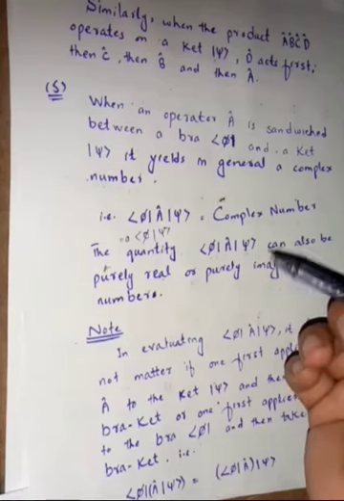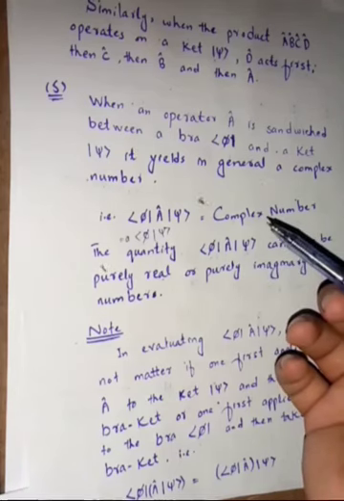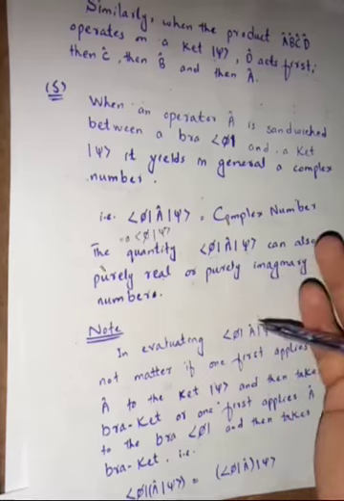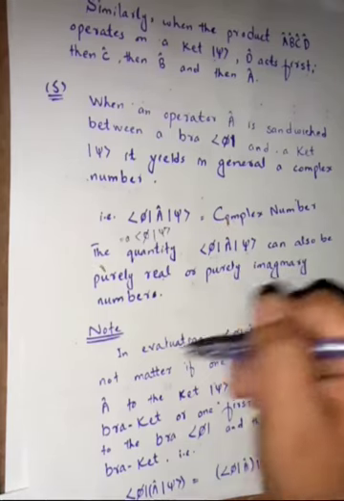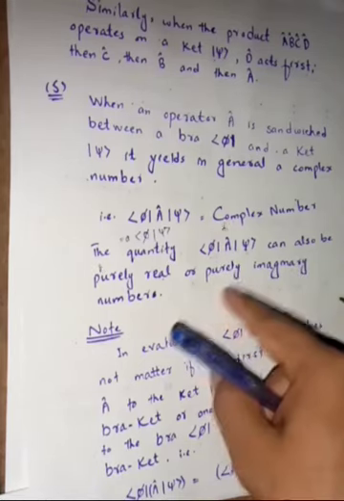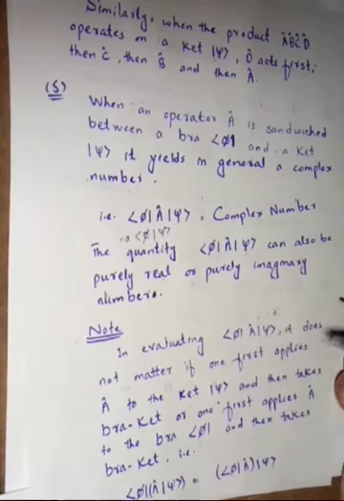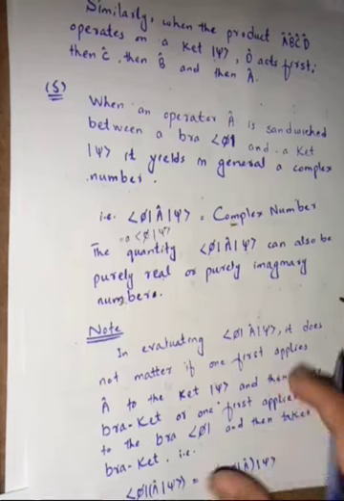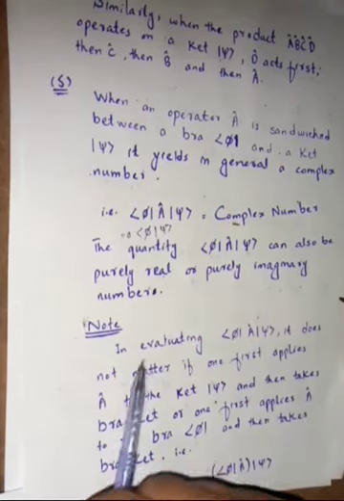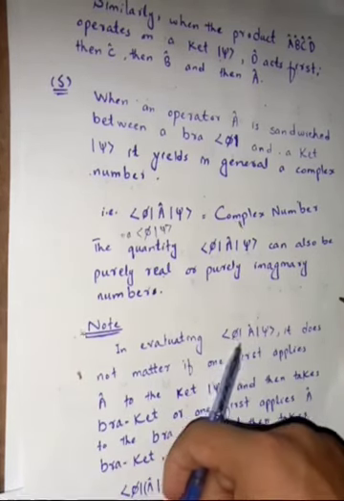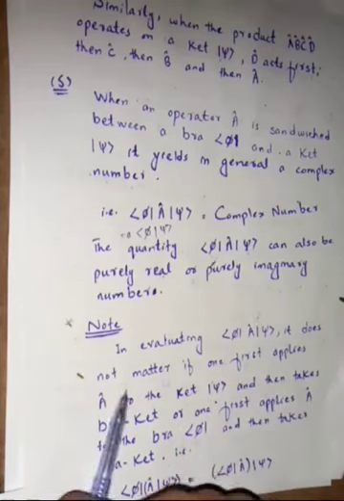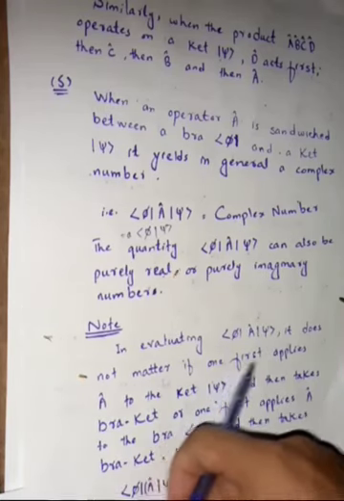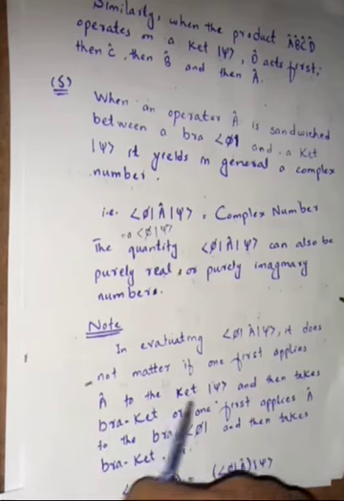What does purely real mean? A complex number whose imaginary part is 0 is known as purely real, and whose real part is 0 is called purely imaginary.